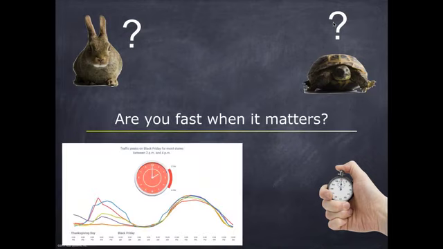The second one is, are you fast when it matters? Yes, you may be fast in terms of response times for your application when you have a low load, but as the load changes, your response times may also change. And if you're not able to respond quickly enough as the load goes up, then you're not fast enough when it actually matters.